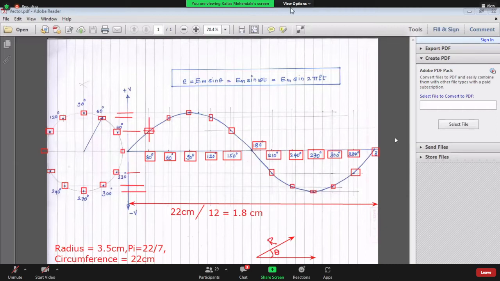Now I will try and resolve the vector into components, as we have done in your applied mechanics. So this becomes the vertical component, and this becomes the horizontal component. I can represent this vertical component in terms of r and theta as r sine theta.